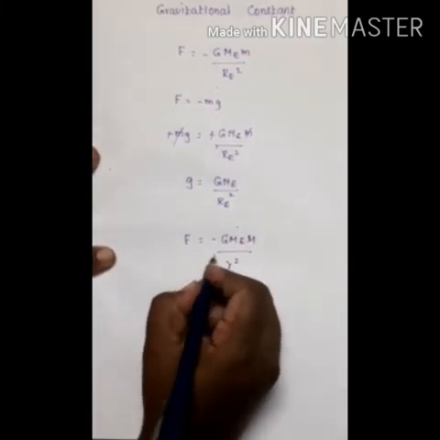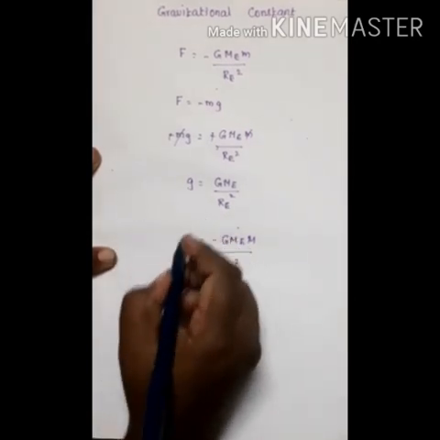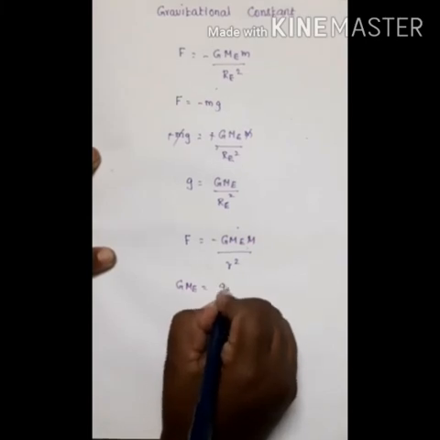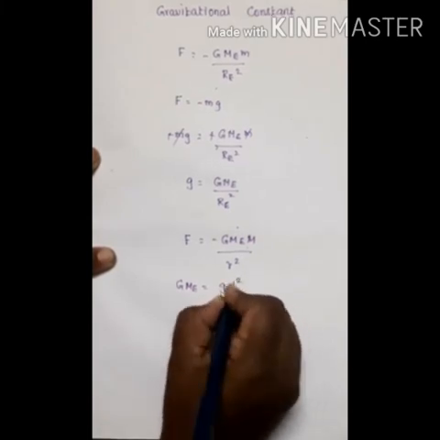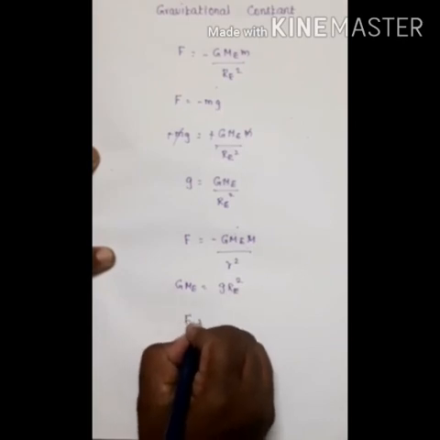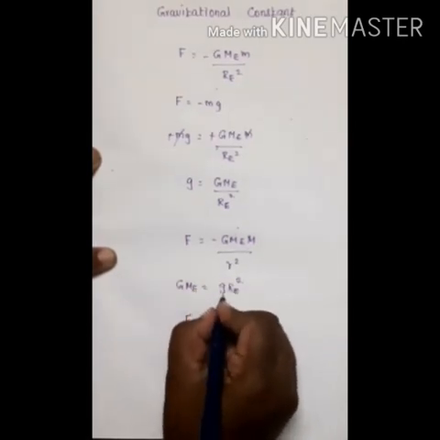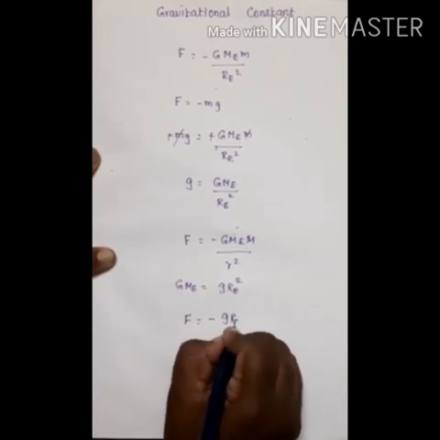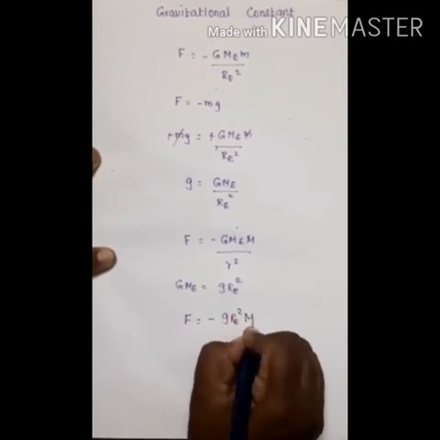Therefore, the G M_E value can be written as G M_E is equal to g into R_E square. This value is substituted in this equation. Therefore, F is equal to minus g M R_E square by R square.